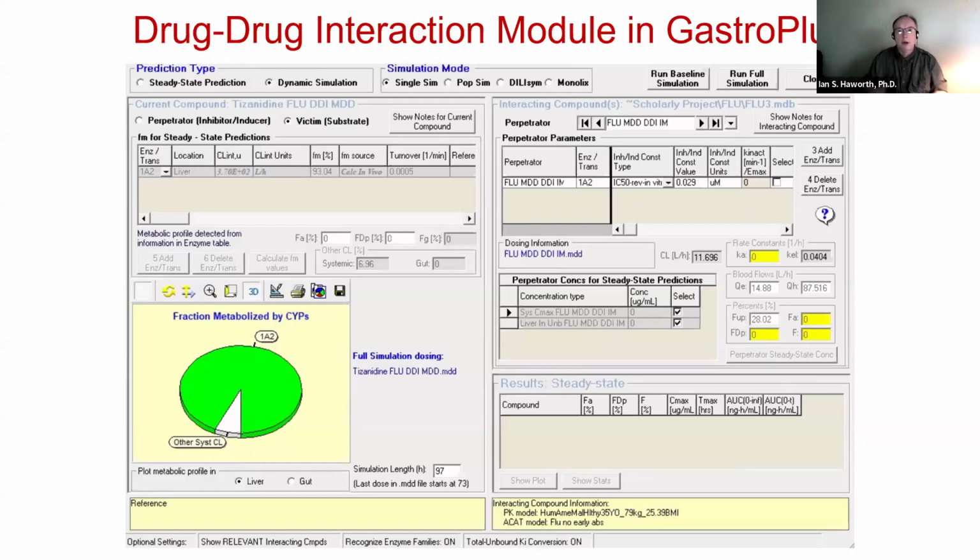And this module is generally run within the PBPK physiology of the victim drug. So that's loaded in. And then you bring in the PBPK model of the perpetrator drug, and then you run the simulation first for the victim drug on its own, and then for the victim drug in the presence of the pharmacokinetics of the perpetrator drug.